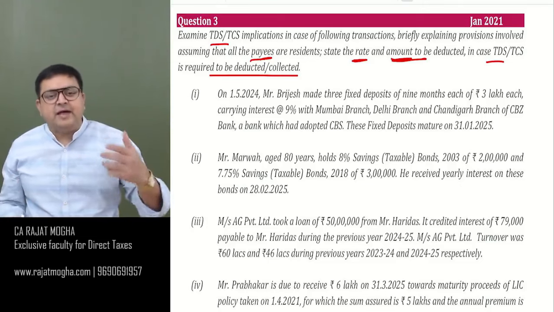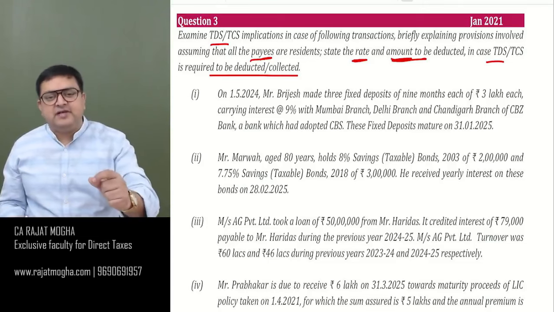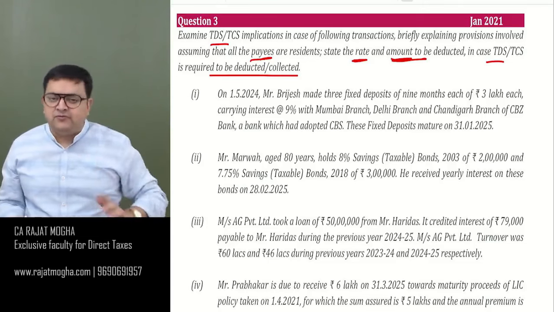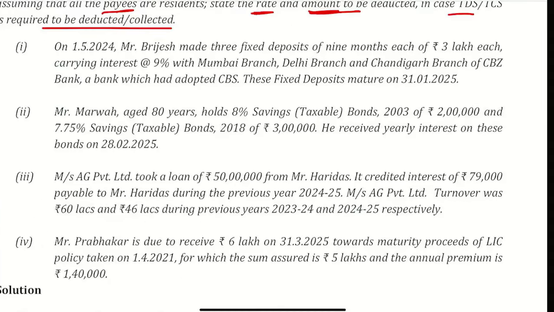And if it is applicable, tell us the rate and the amount of TDS. It says, on 1/5/2024, 1st May, Brijesh made 3 FDs of 9 months each of 3 lakh each. Okay, guys, there are 3 FDs.